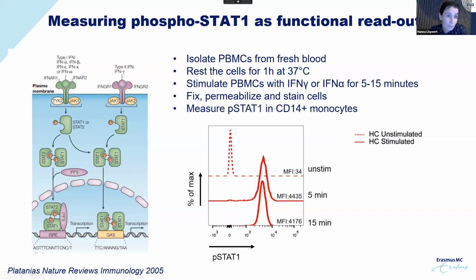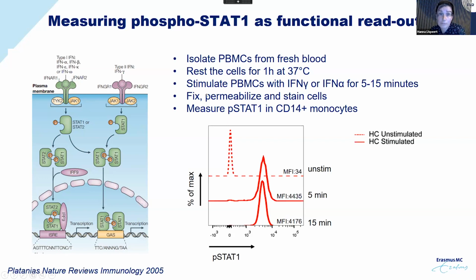Interferon alpha binds to a different receptor, the IFNA receptor. It also leads to phosphorylation of STAT1, but since patients 1 and 2 had a variant in interferon gamma receptor 1, you don't expect any problems in interferon alpha signaling. Therefore we also took that as a control.